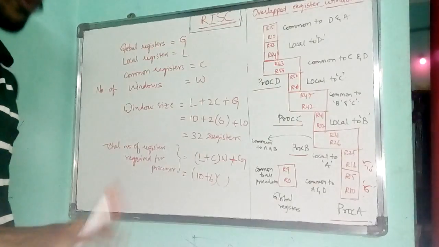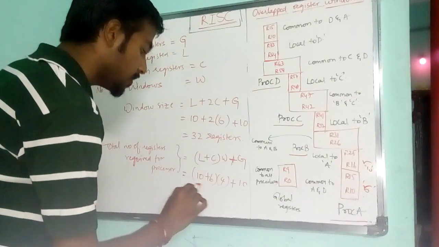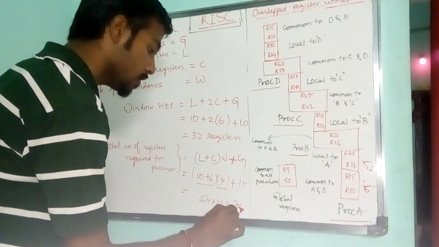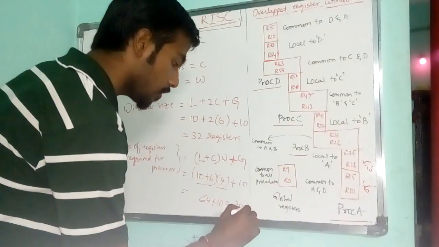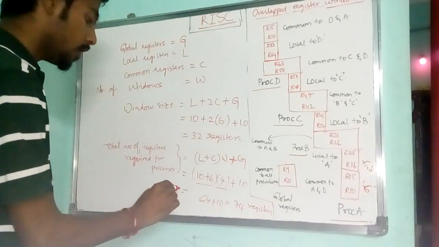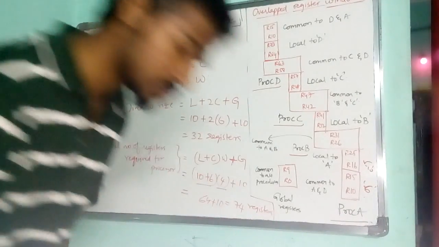How many windows do I have? 4. Plus global registers, which are 10. This gives me 16 times 4 is 64, plus 10, a total of 74 registers. So overall, in my RISC processor, I have 74 registers in the system.